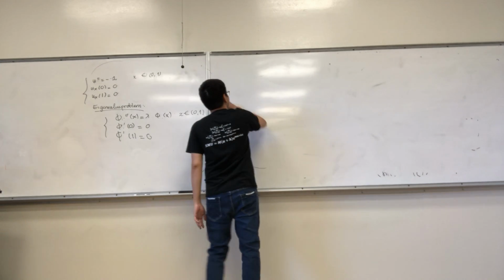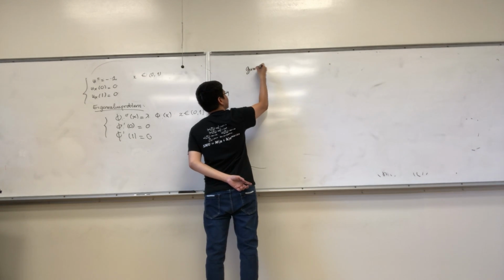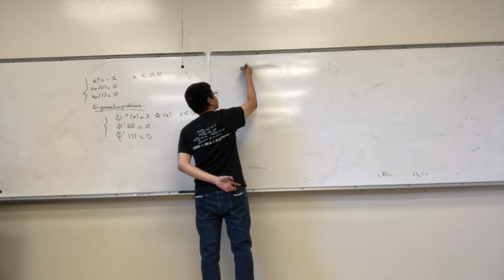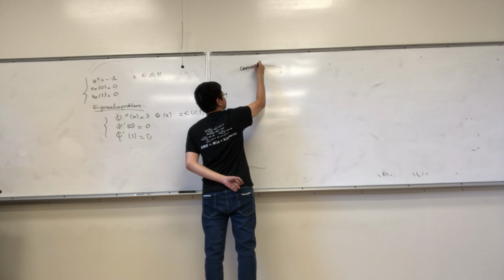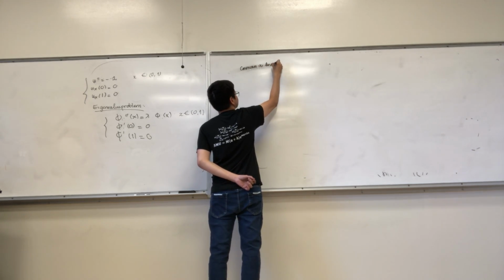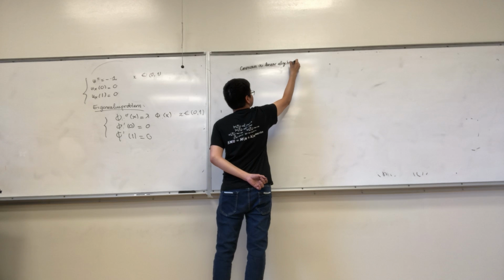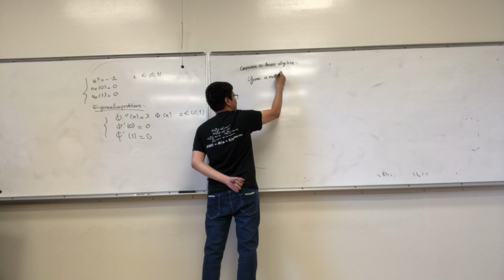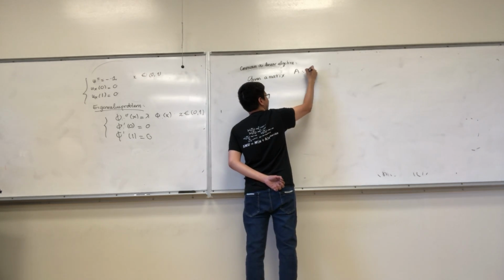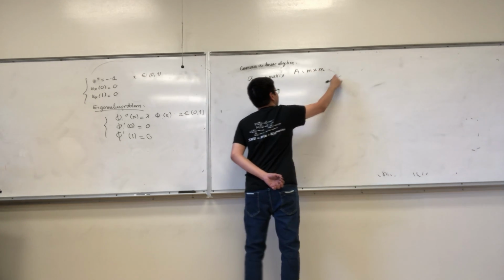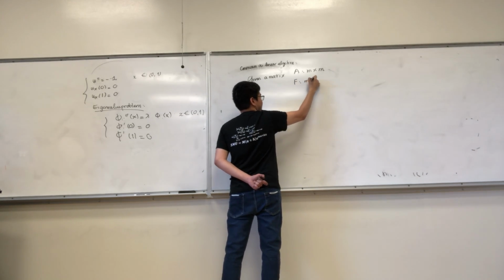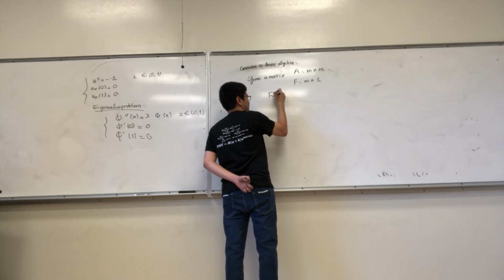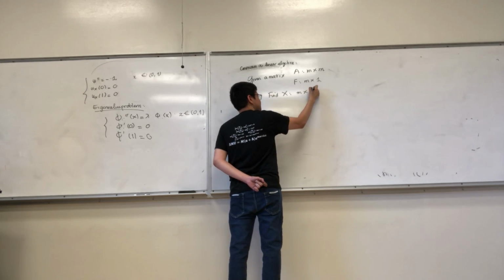Connection to linear algebra. Given a matrix A, which is m times m, and a matrix F, which is m times 1, you find the matrix X, which is m times 1.